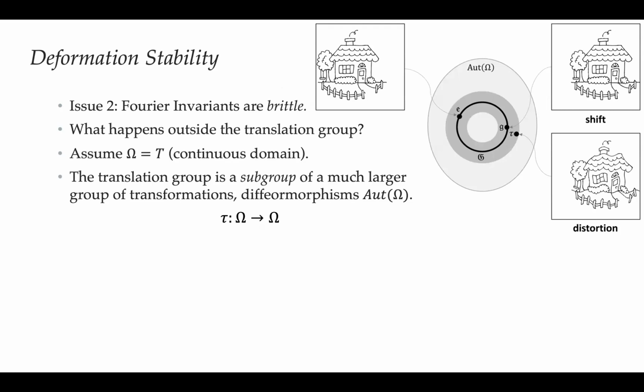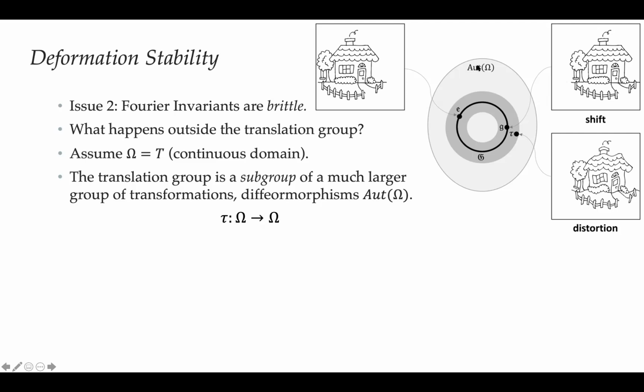The translation group can be thought of as a subgroup of a much larger group: any transformation in the domain that does not necessarily move every coordinate by a fixed vector. In particular, any invertible transformation that goes from the domain to the domain. Technically speaking, this is called the group of automorphisms of the domain.